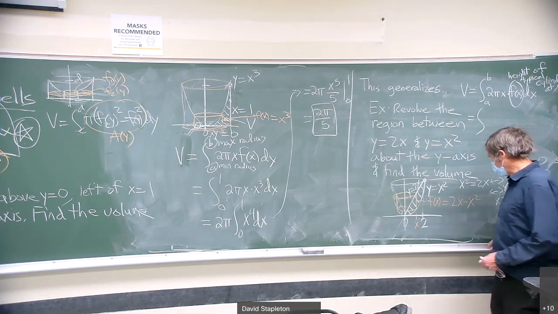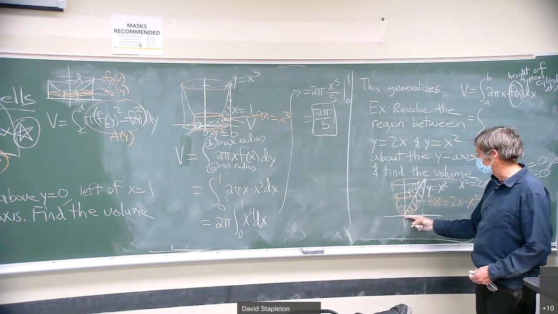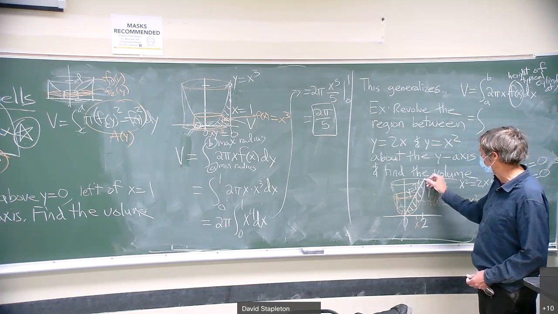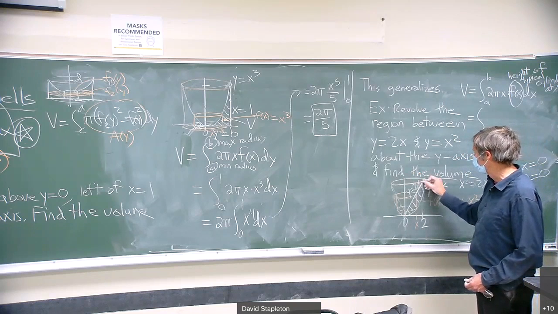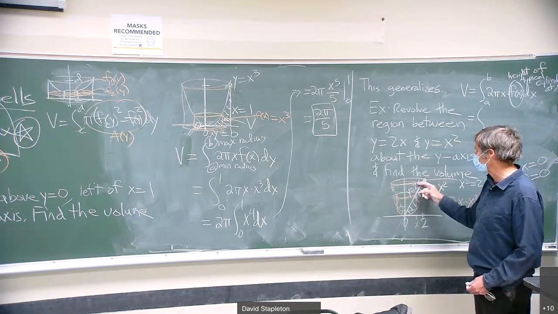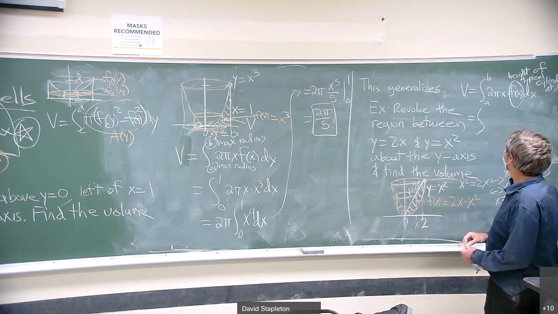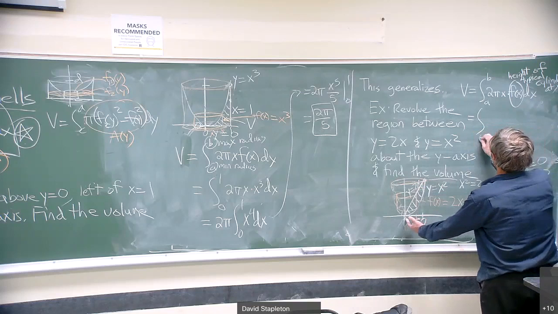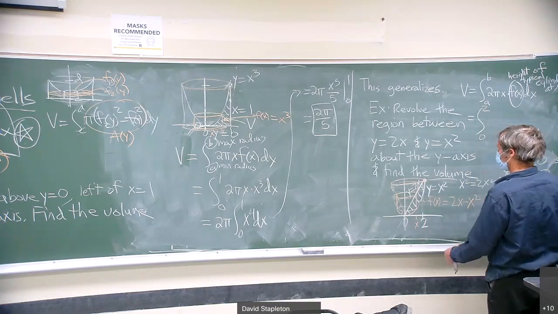So now the minimum radius, I'm thinking of a little tiny cylinder down here degenerating to 0 radius. And then the biggest cylinder is degenerating to this little circle up here, right? You're taking cylinders higher and higher to fill this thing up. And the last one is this little ring. And so the radius runs from x equals 0 to x equals 2, the radius of the cylinders.